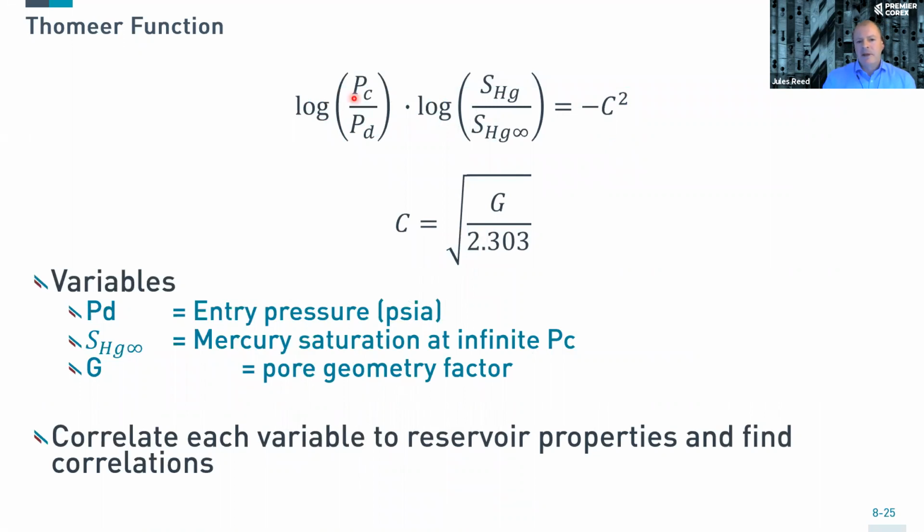So we've got the current pressure, the entry pressure, the current saturation, and the saturation at infinite pressure. That's why mercury injection is good for this, because of the very high pressures it is able to obtain. We can't say we get closer to infinity because that's infinite, but we get a long way. Then we have this term here, which is a geometric factor, basically describing curvature.